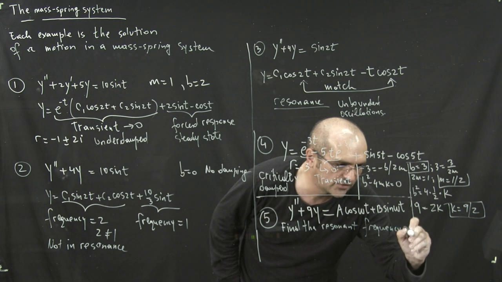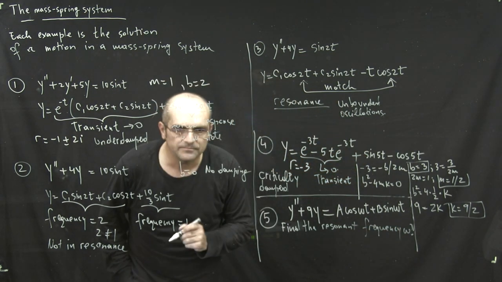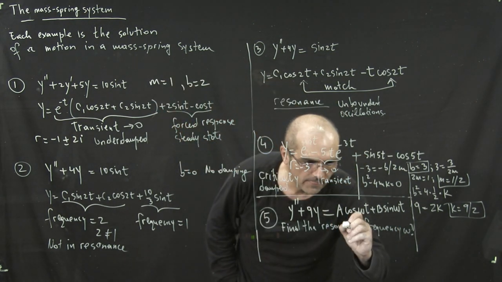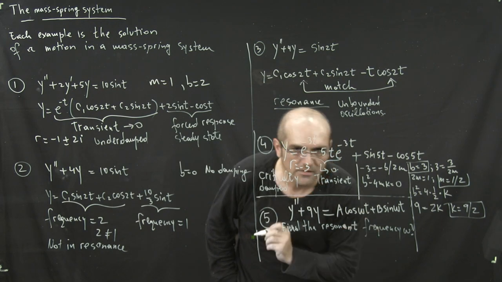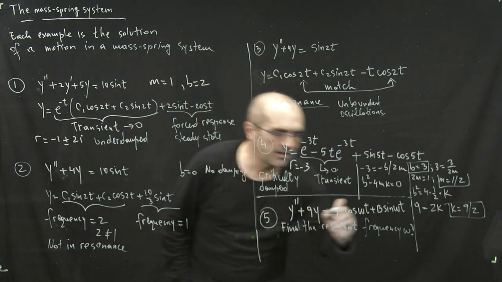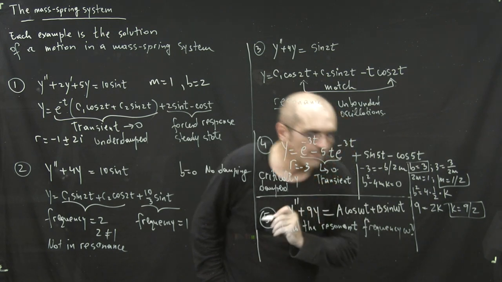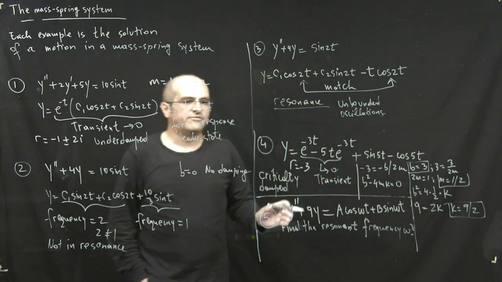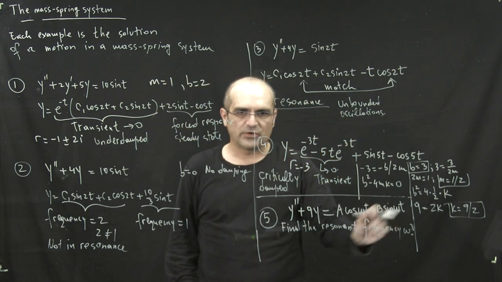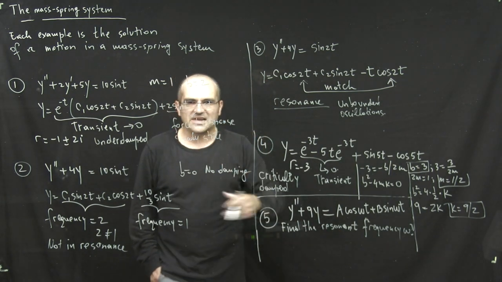So the resonant frequency for omega. In other words, what should be the frequency of the external force for the system to be in resonance? That's like a fancy question.